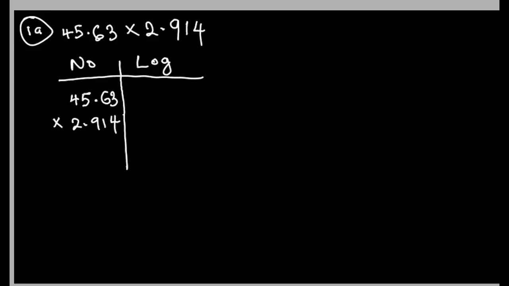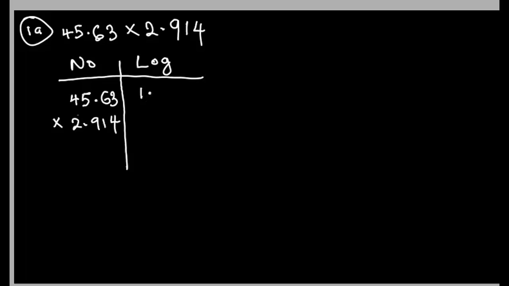As we know, for 45.63, to get the characteristic, focus on the whole number. The whole number is just 45 here, and 45 has 2 digits. To get the log value, we need first to get the characteristic. Since there are 2 digits in 45, I'll do 2 minus 1, and that is 1.